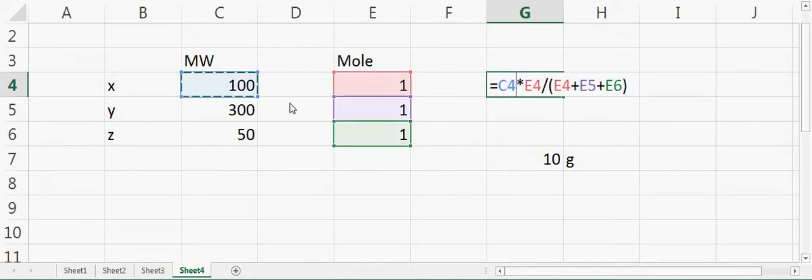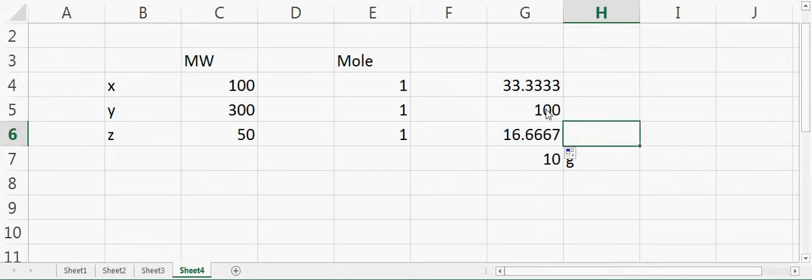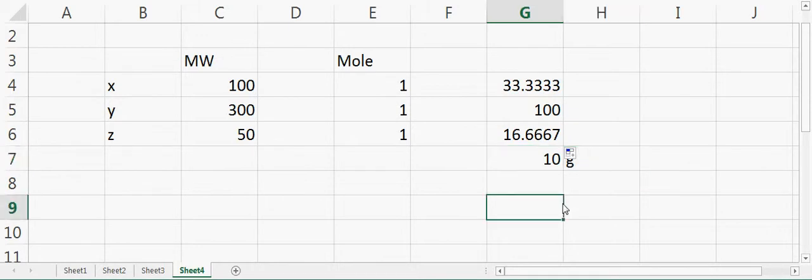Now I need to put the dollar sign here because these terms remain constant. So this is our 33.333, and if I do the same thing, you can see that if we add these weights together, then we should get a molar ratio of 1:1:1, but we need a total of 10 grams.